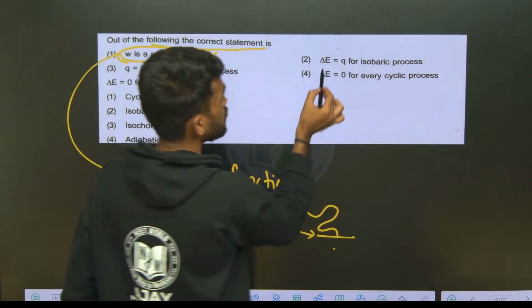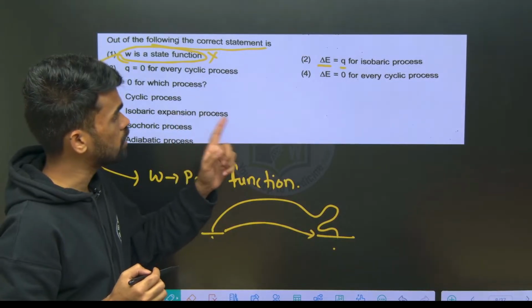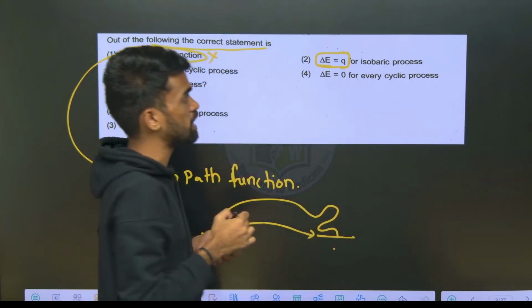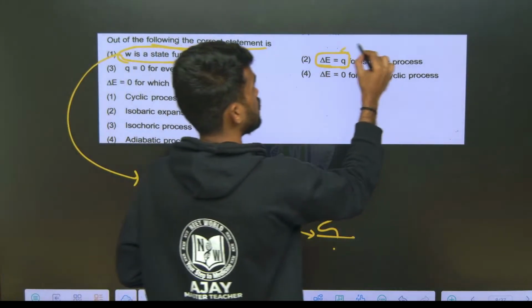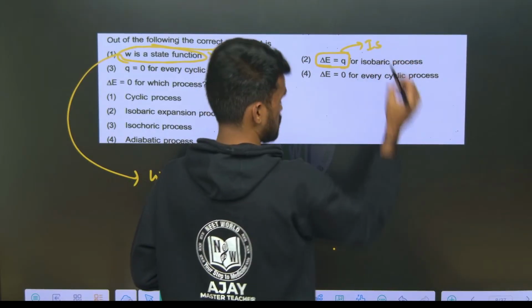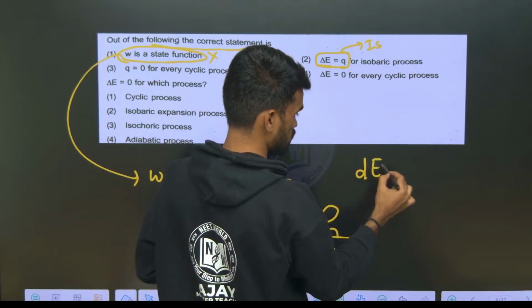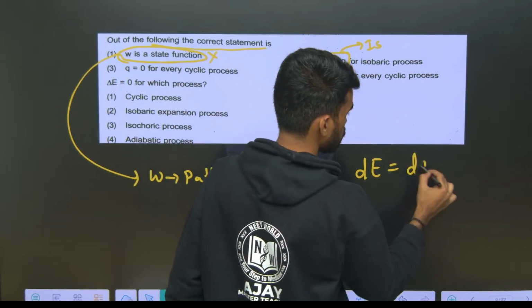Next, delta E equals Q, they are saying. The internal energy change will equal heat in the case of an isochoric process. Why do I say that? The first law of thermodynamics is dE equals dQ plus dW.